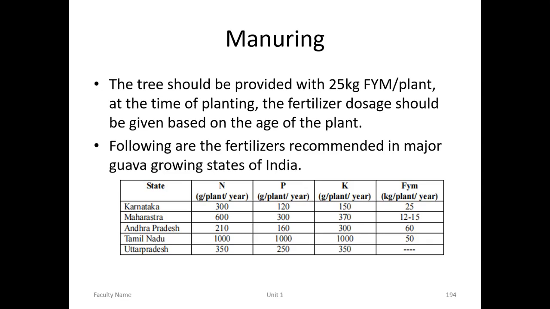Then the fertilizer dosage should be given based on the age of the plant. So you can increase it with age, like 1 year 1/10 dose, 2 year 2/10, as in the case of mango, you can increase the dose.